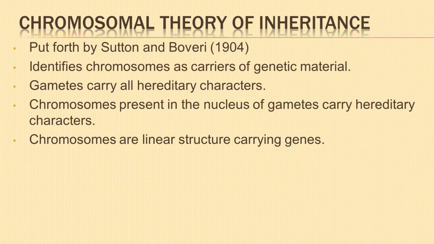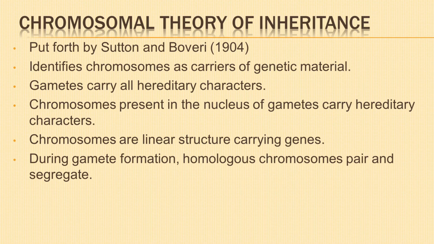Chromosomes are linear structures with genes located at specific sites called loci along them. They are found in pairs in somatic or diploid cells. During gamete formation, homologous chromosomes pair and then segregate at meiosis.